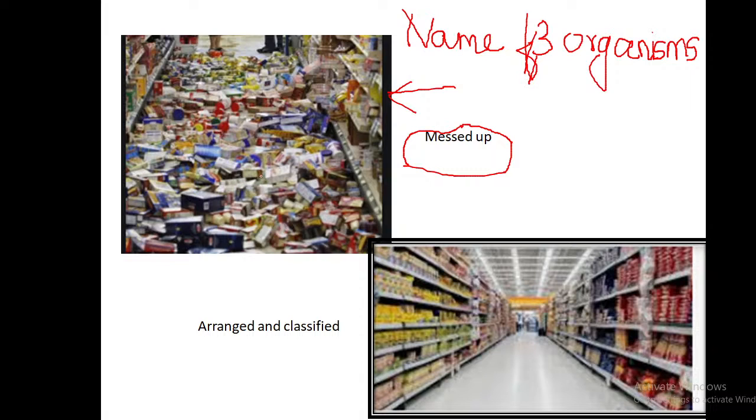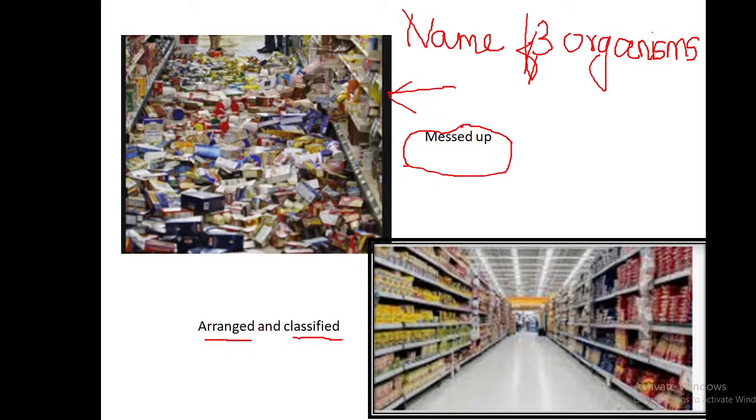So cat, dog, if you put all of these together in one place, it will be like this. All these organisms, you won't be able to identify. And what we do in taxonomy is we arrange and classify the organisms.